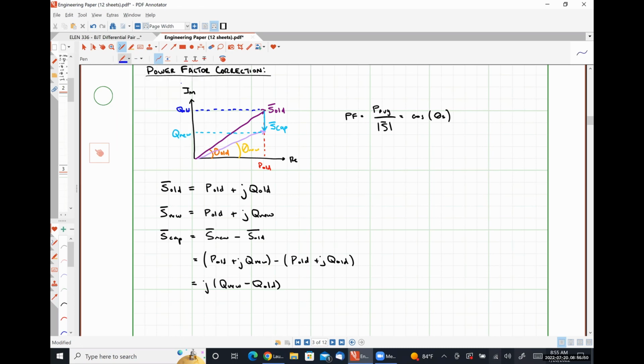I want to make a note here. This will always be a negative quantity. The reason why it will always be a negative quantity is because we are doing everything here in terms of absorbed power, and our capacitor supplies reactive power into our system.